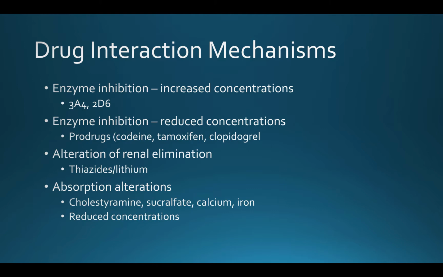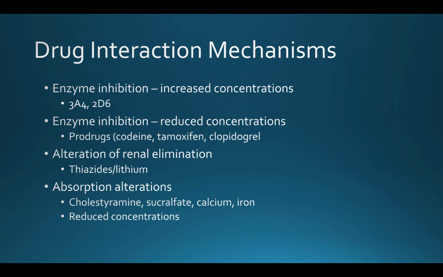Alteration in the renal elimination. A good example there is lithium levels can be increased by thiazides, because they alter what happens in the kidney and that elimination of the drug. Absorption, drug interaction considerations, classic ones: cholestyramine, sucralfate.